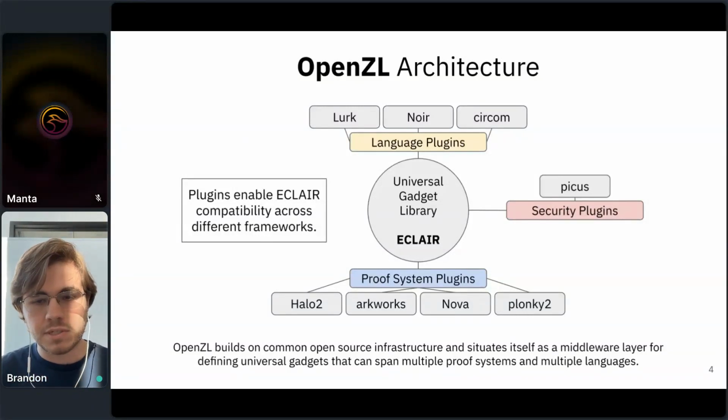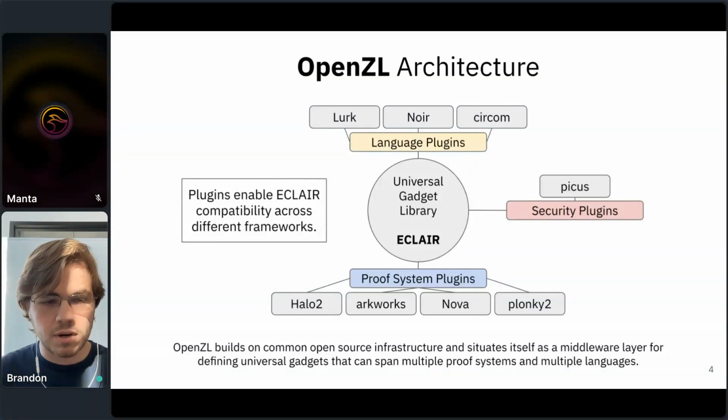But it's not just about proof systems, we also can integrate with custom front-end language support. For languages like Lurk, which we'll hear about later today, and Noir and zkApps and whatever other languages people are using, we want to be able to integrate the entire system together. And thirdly, the security plugins.